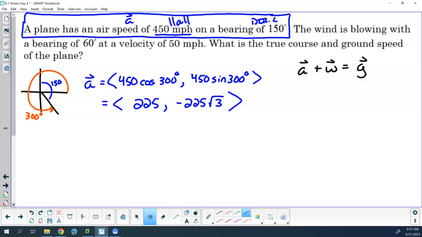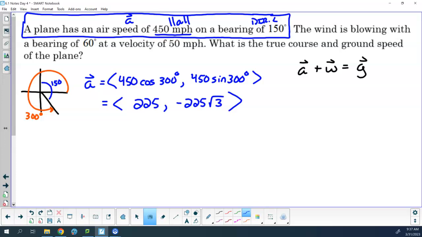Okay? I like this early in this problem a heck of a lot more than I like negative 389.71 something something. Exact is a heck of a lot better than rounded. This early in a problem, try and keep it as exact as you can.